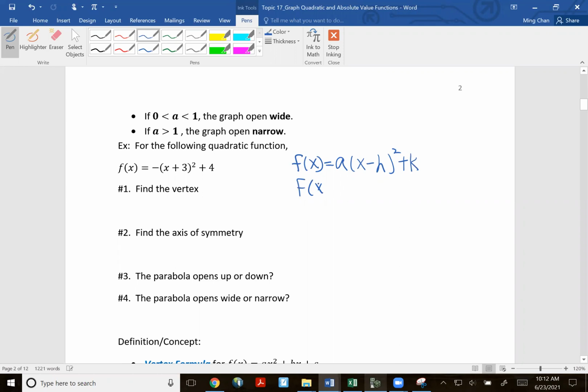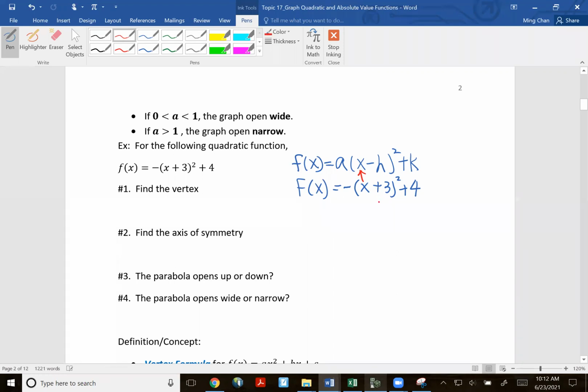Right now it is negative parenthesis x plus 3 whole thing squared plus 4. If you're matching up, x matches with x, but the plus sign does not match with the minus sign. The formula calls for a minus sign. So why is this plus?